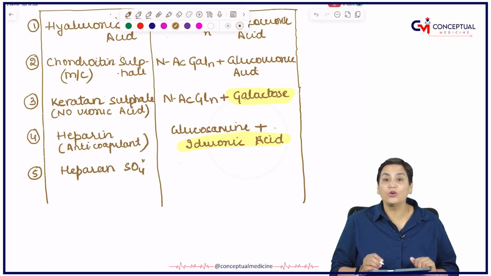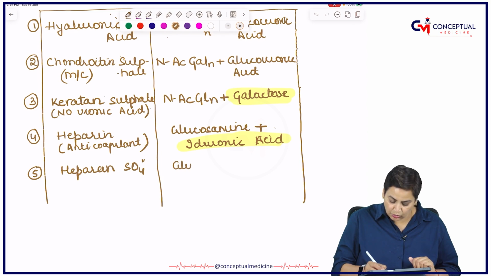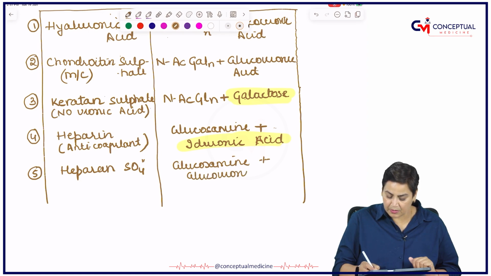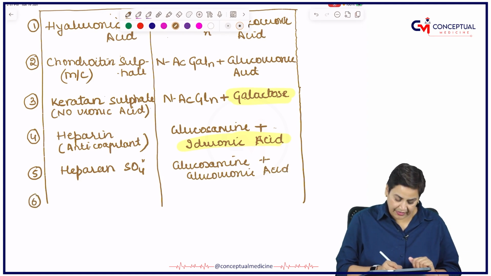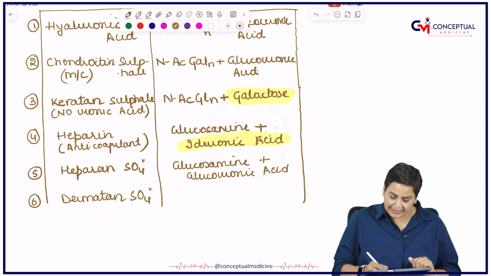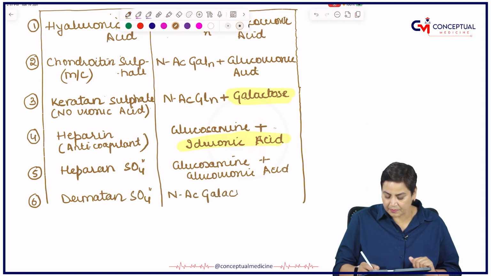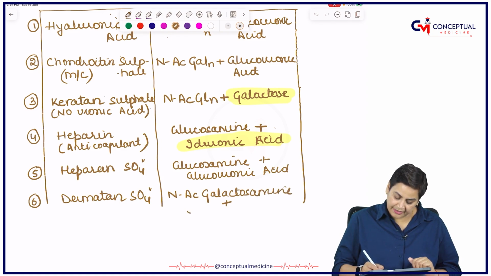Heparan sulfate consists of glucuronic acid instead of iduronic acid, so the components are glucosamine plus glucuronic acid. And the last one is dermatan sulfate, which has N-acetyl galactosamine plus iduronic acid.